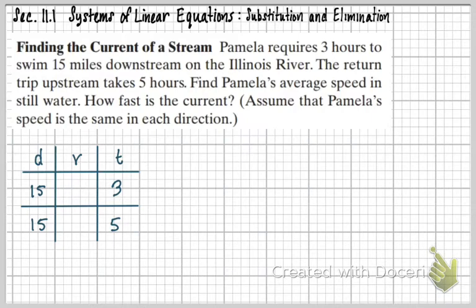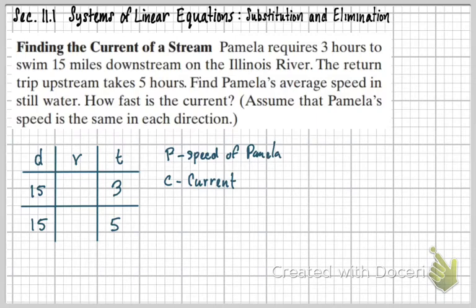When I think of that rate, if I'm talking about Pamela, I'm going to call her P, and the P is going to stand for her speed, so speed of Pamela. And then I'm going to call C the water speed, and they call water speed current.